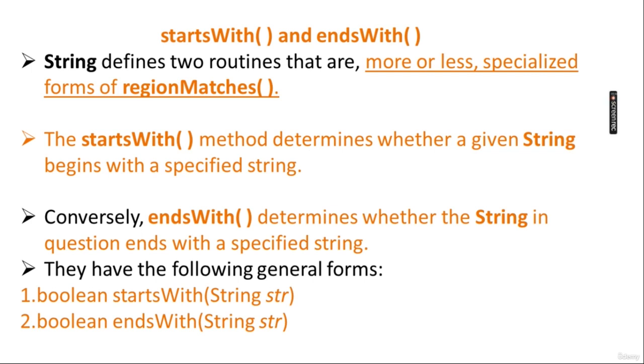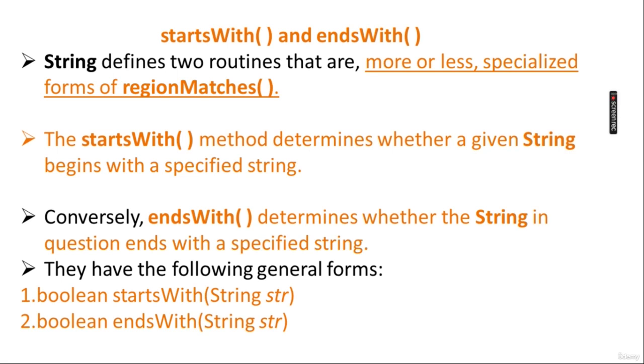Now startsWith and endsWith methods. String defines two methods that are specialized forms of regionMatches. So if a particular string starts with a particular string, it will give you true, otherwise it will give you false. The startsWith method determines whether a given string begins with a specified string, and conversely, endsWith determines whether the string in question ends with a specified string.